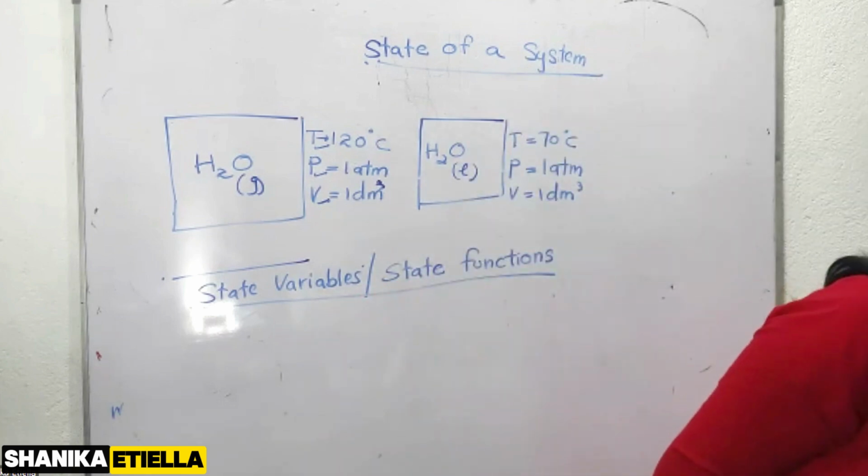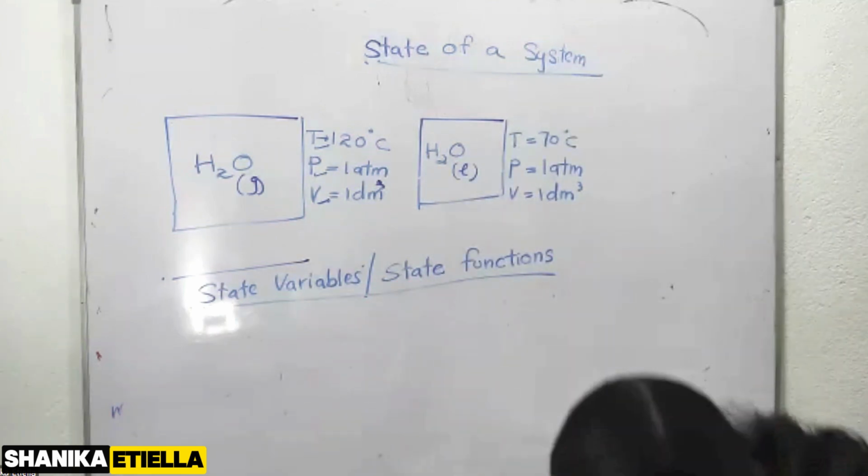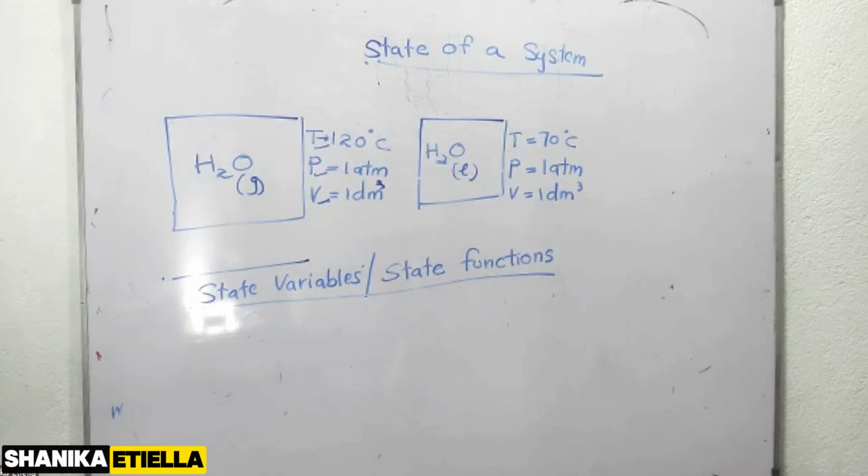Then write down as the next point: state functions depend only on the initial state and the final state of the system, and not on how the changes occur.